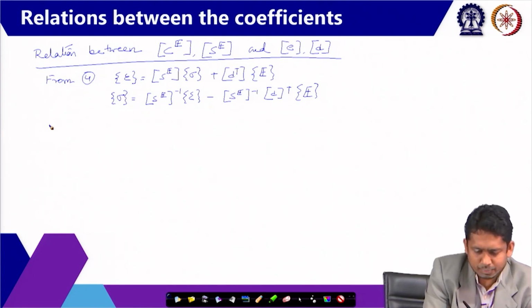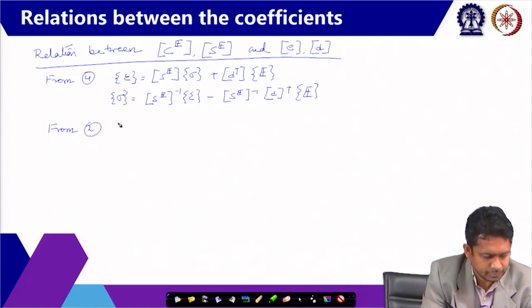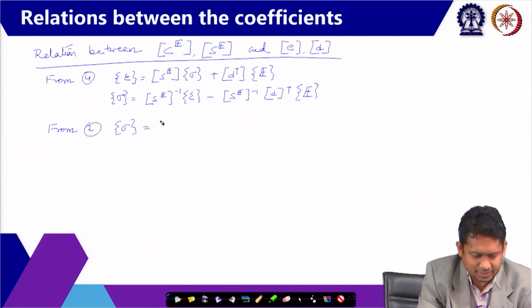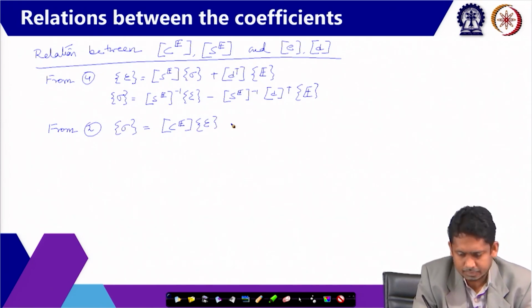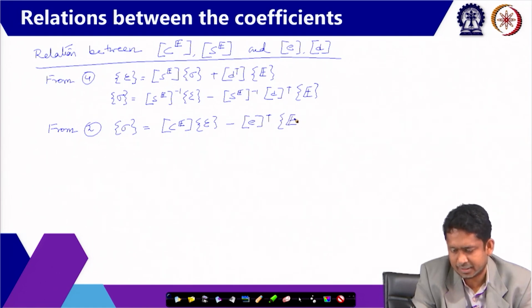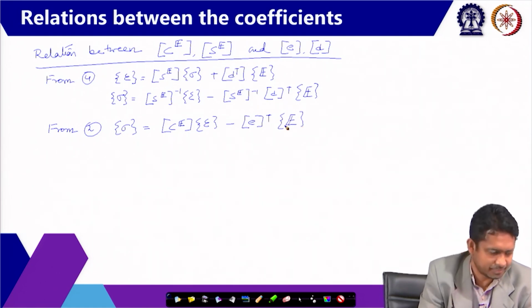Now, from 2 we can write sigma equal to epsilon T multiplied by electric field.